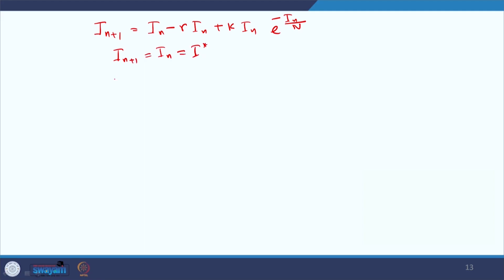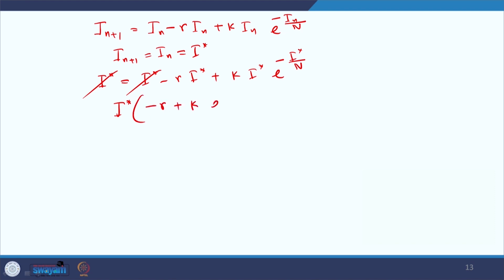If we do that, we get I star equal to I star minus r I star plus k times I star e to the power minus I star divided by n. This I star cancels, and if we take I star common, you will get I star times (minus r plus k e to the power minus I star by n) equal to 0.